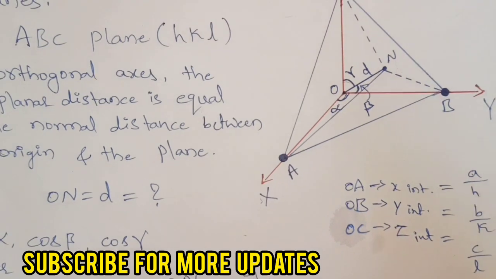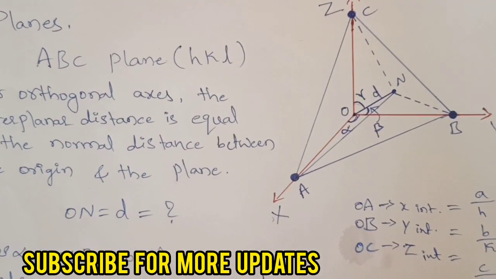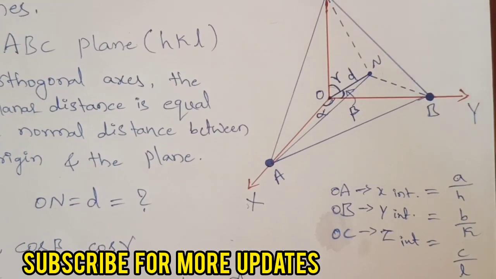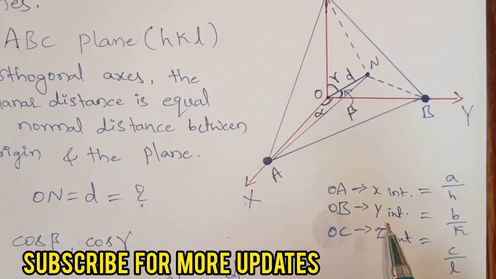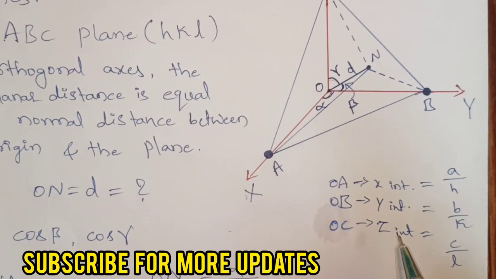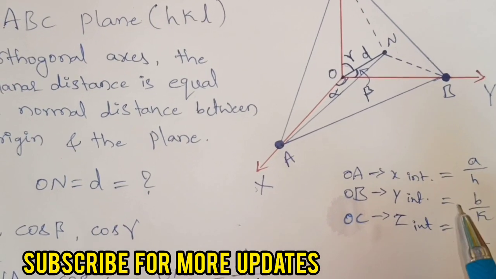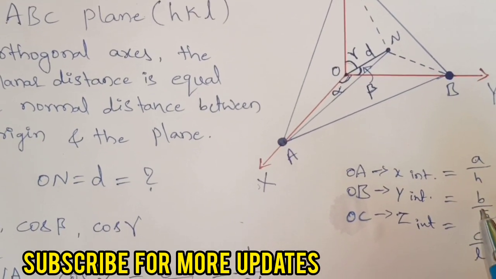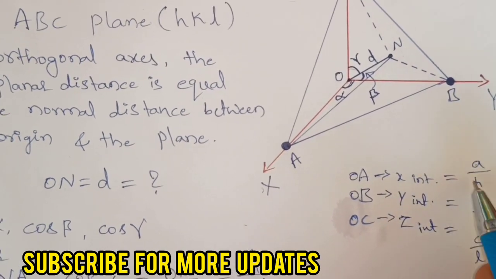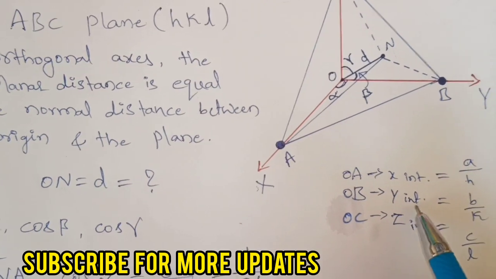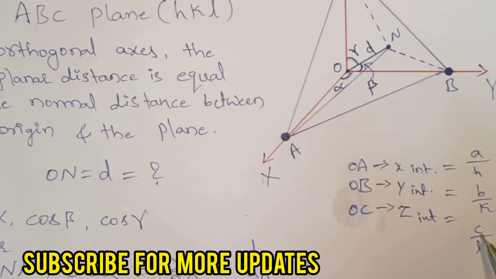Suppose a, b, c are the lattice constants, then we have the intercepts OA the x intercept, OB the y intercept and OC the z intercept. Since h, k, l are the Miller indices, OA is a by h, OB is b by k, and OC is c by l.